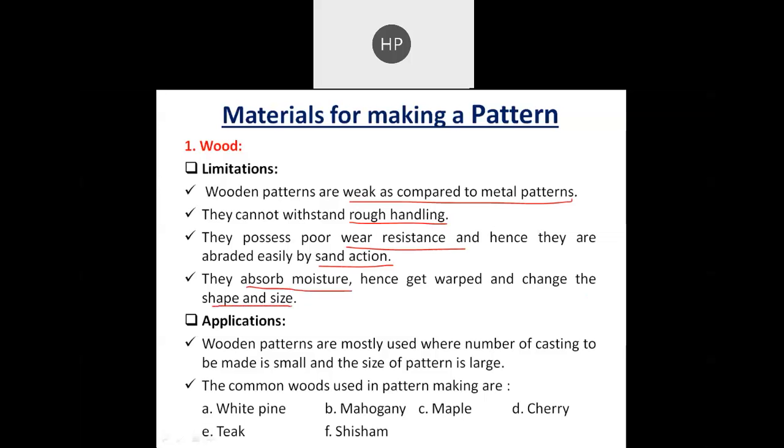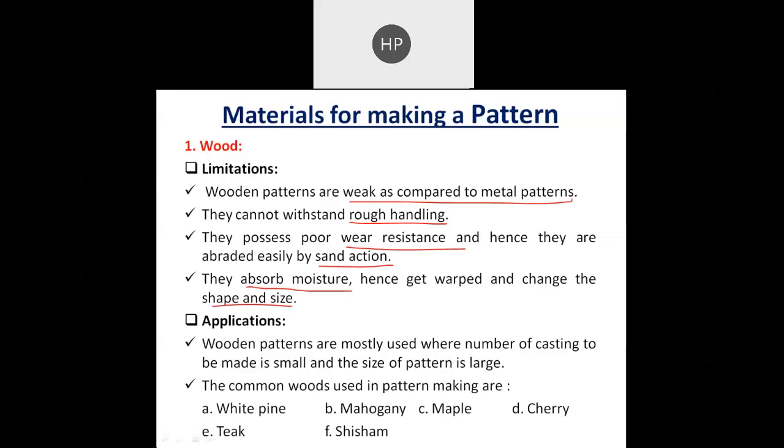We know that wood has a property to absorb moisture, and when it absorbs the moisture, its shape and size will change. So it will not remain original as we require because of the moisture content. Why? Because in sand we mix clay and water.